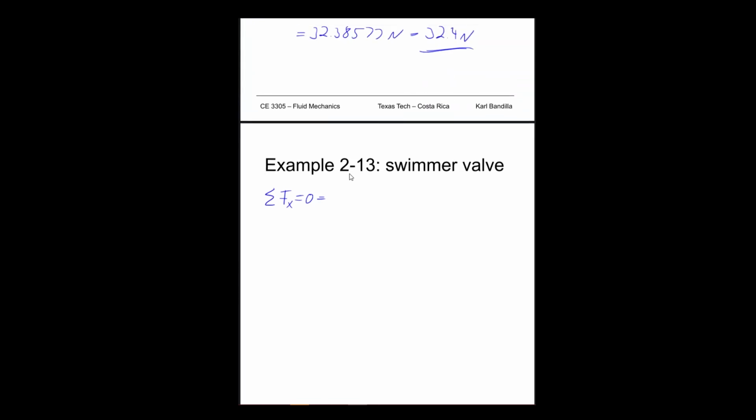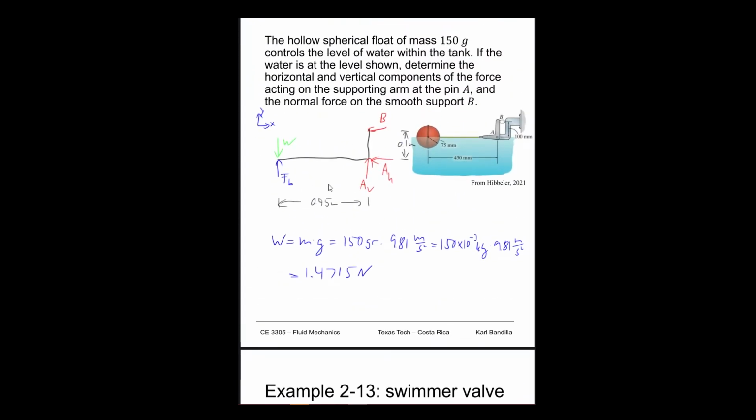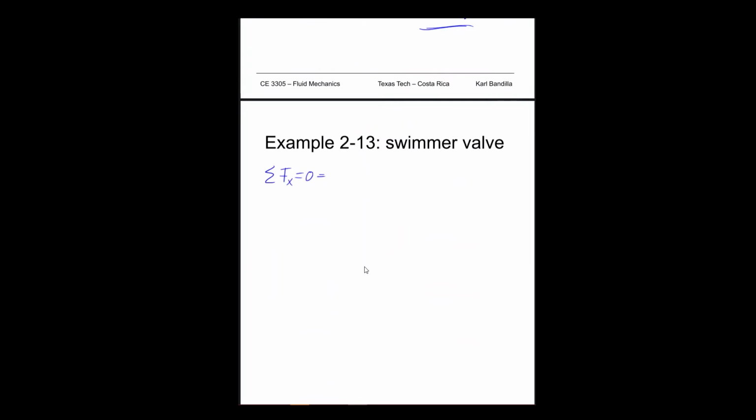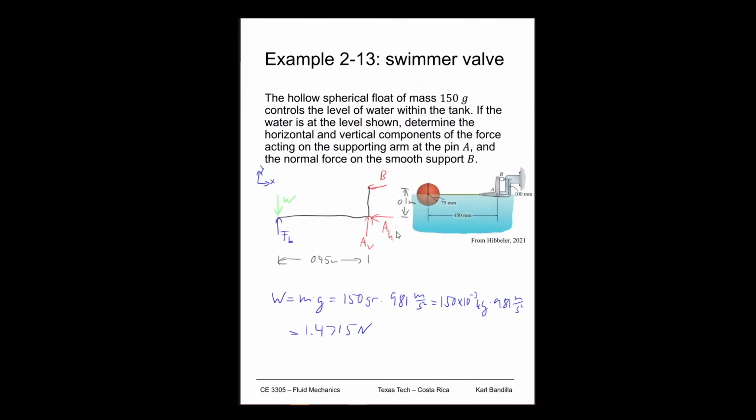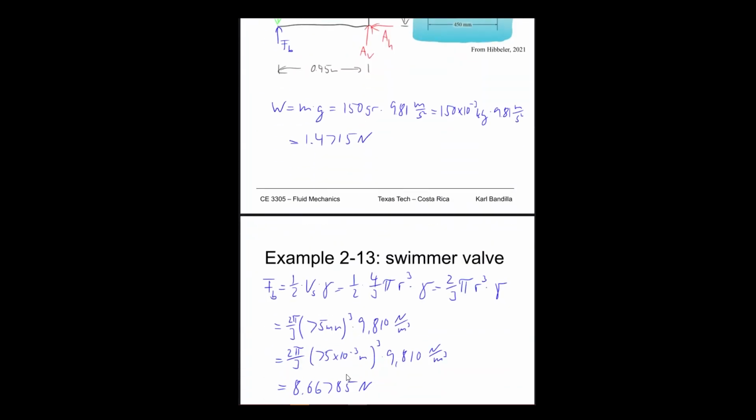Back to our free body diagram, in the X direction we have minus B and minus AH. So AH is minus B, which is minus 32.4 newtons. So it's acting not to the left like we have it here, but to the right.